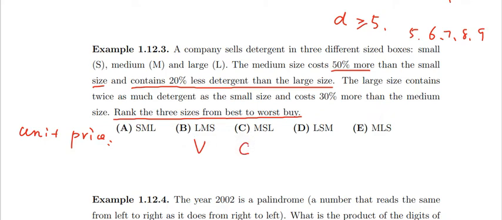For the middle one, the cost is 50% more, so it equals 1.5 multiplied by the cost of the small one.